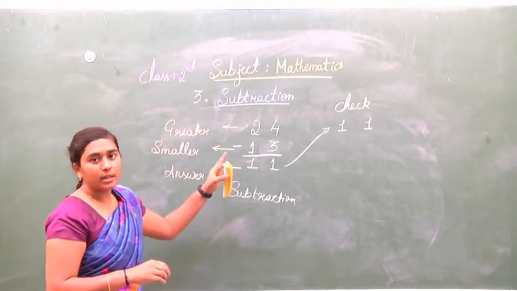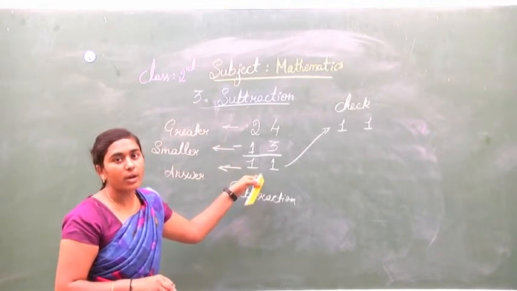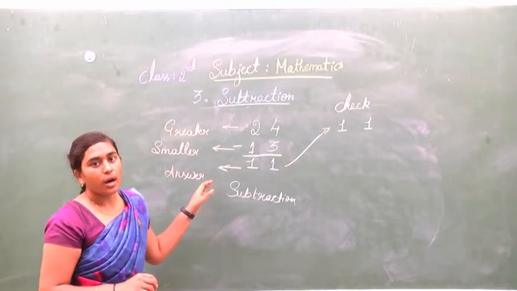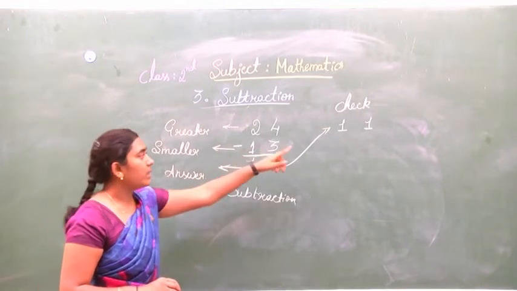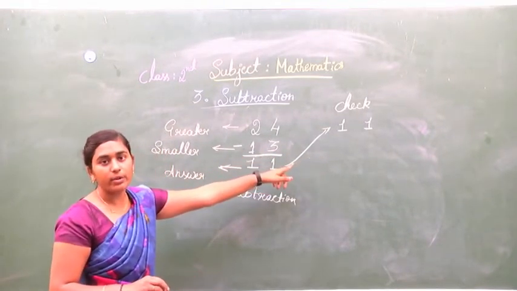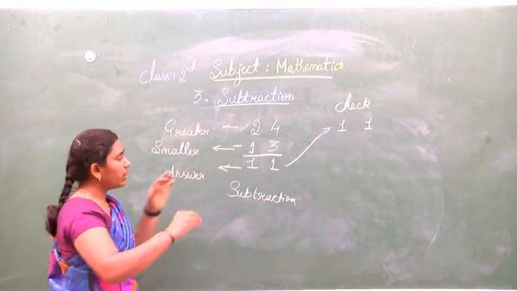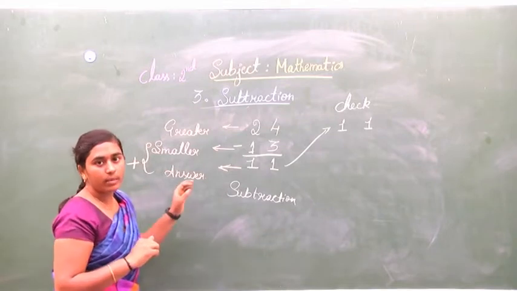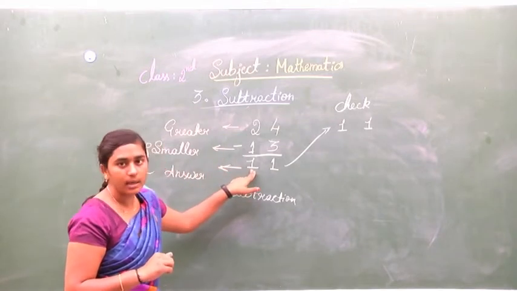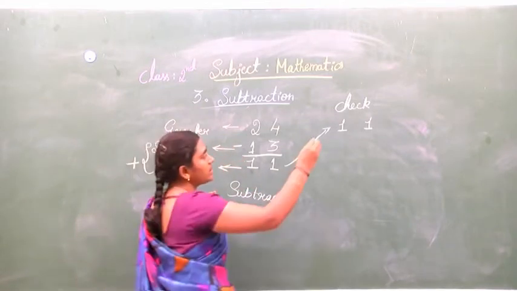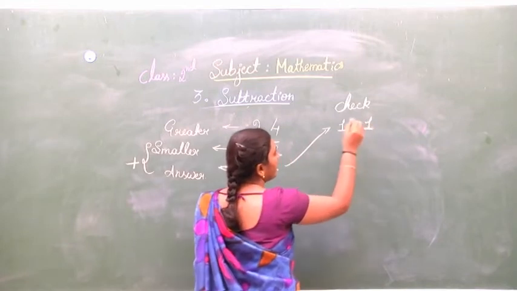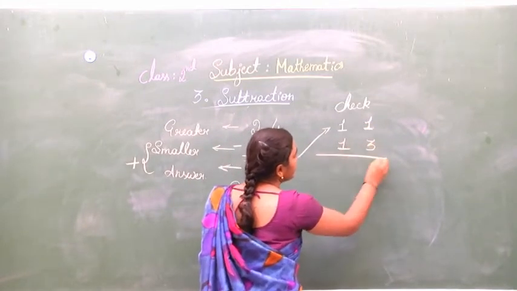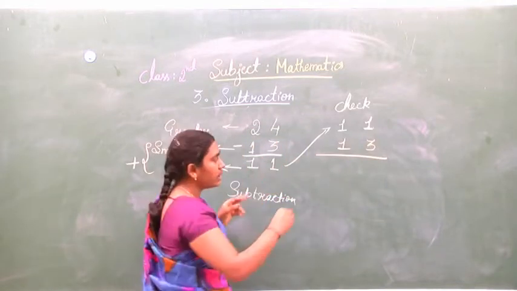How do we check whether the answer we have got in the subtraction is correct or not? First we need to take the answer. Add the answer and the smaller number. The answer is 11 and the smaller number is 13, right?